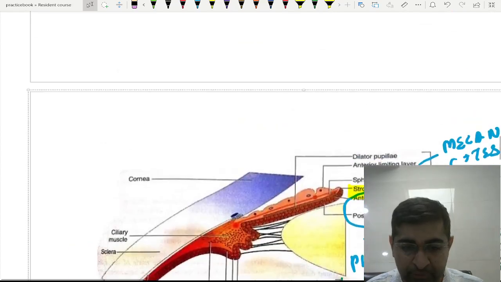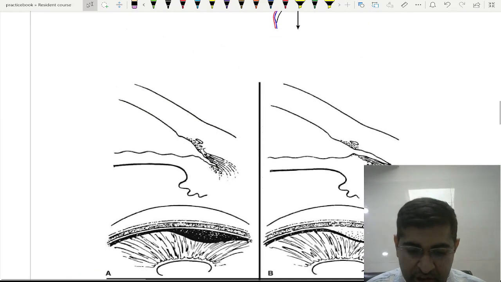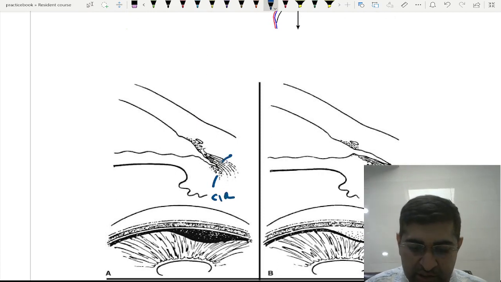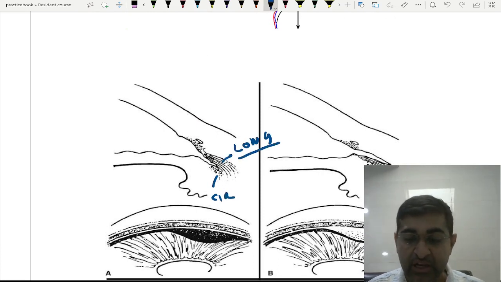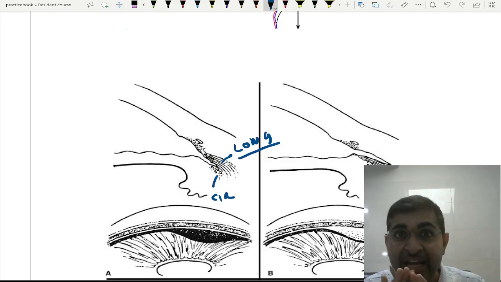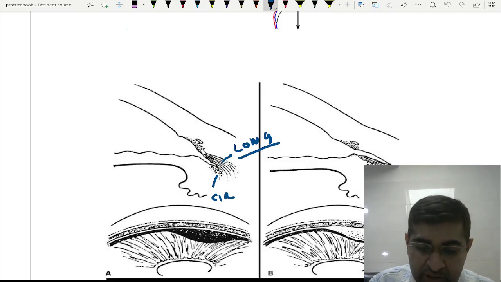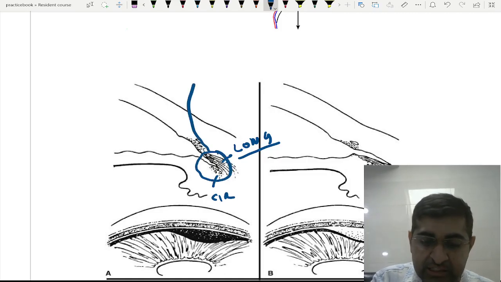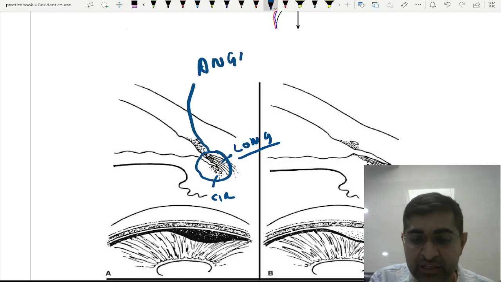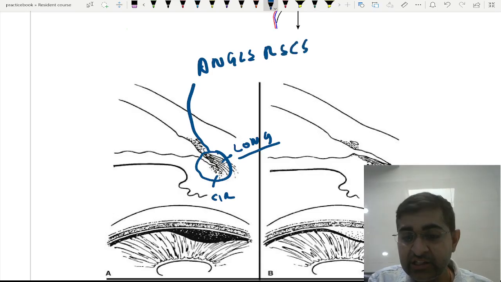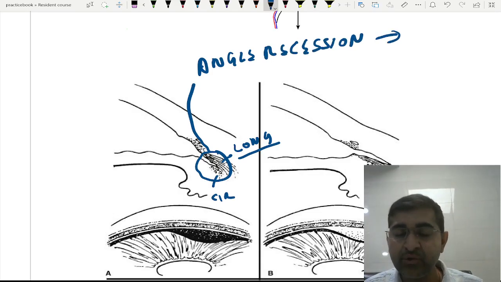I am going to show you an image in which you can see. So check this out. So this is your which muscle? Circular muscle. This is your longitudinal muscle. And do you know, if there is detachment of circular muscle and longitudinal muscle, what is this known as? This is known as angle recession. What is the clinical relevance? Angle recession glaucoma, you must have heard about it, or you will hear it when you go further in your residency.